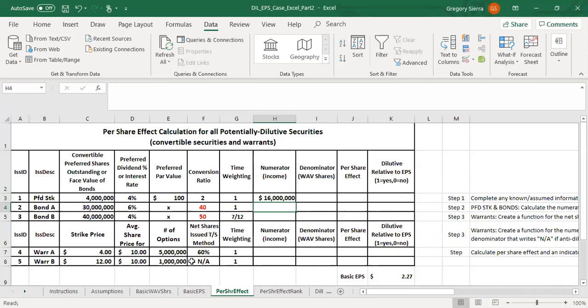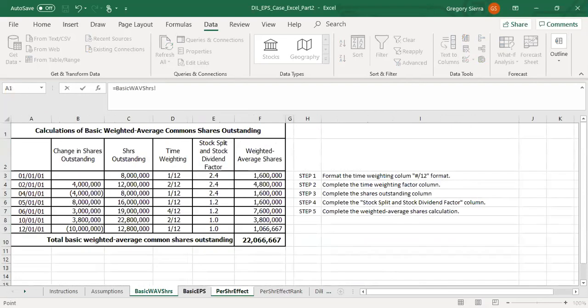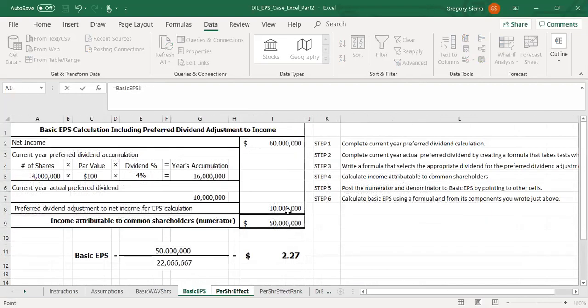An easier way to do this, since you'd also have to take into consideration the amount you undid, is that the safest way is to go back to your basic EPS and just click on the preferred adjustment.